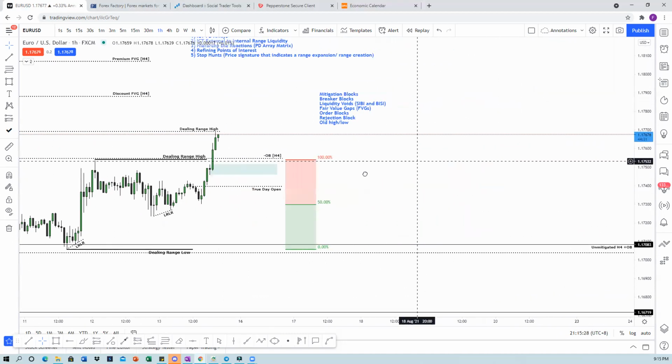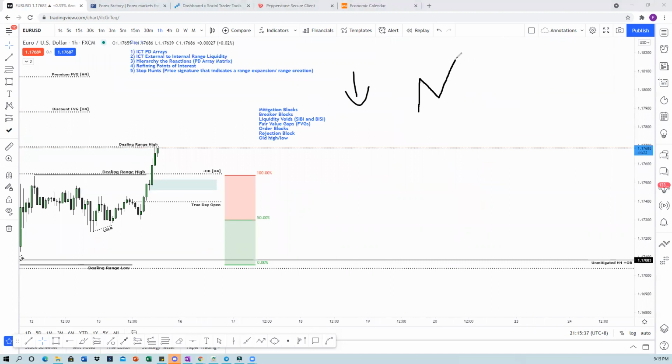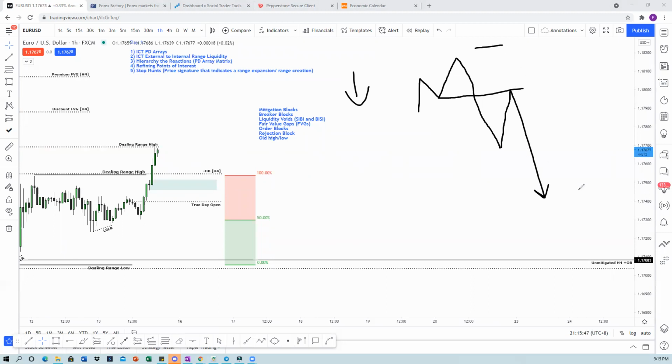Let's look at how it looks first. For a bearish breaker block example, you have a high, higher high, and then a break. So this down close candle over here is your breaker block. Keep your stop somewhere here, take profit wherever you want it to be.